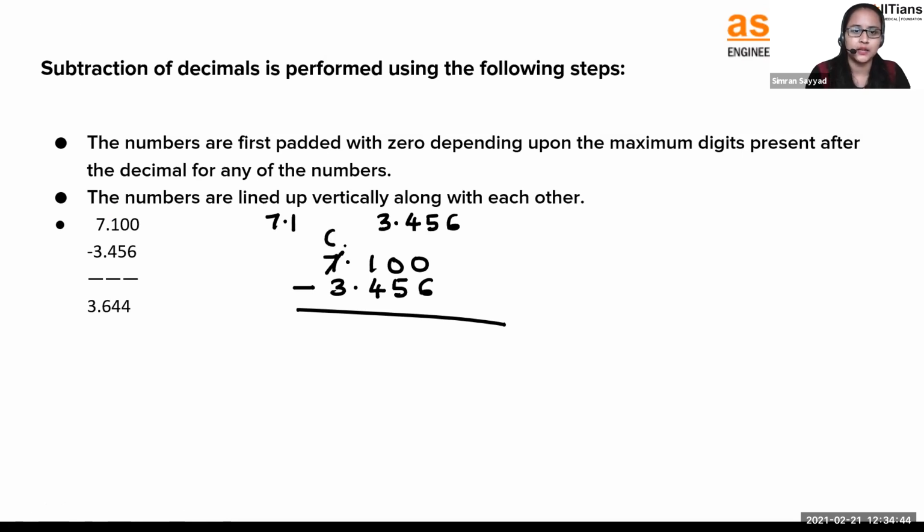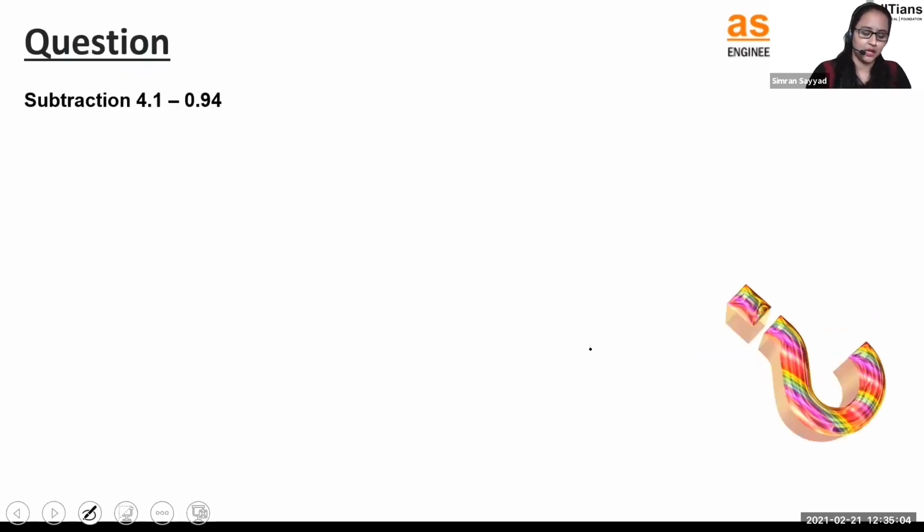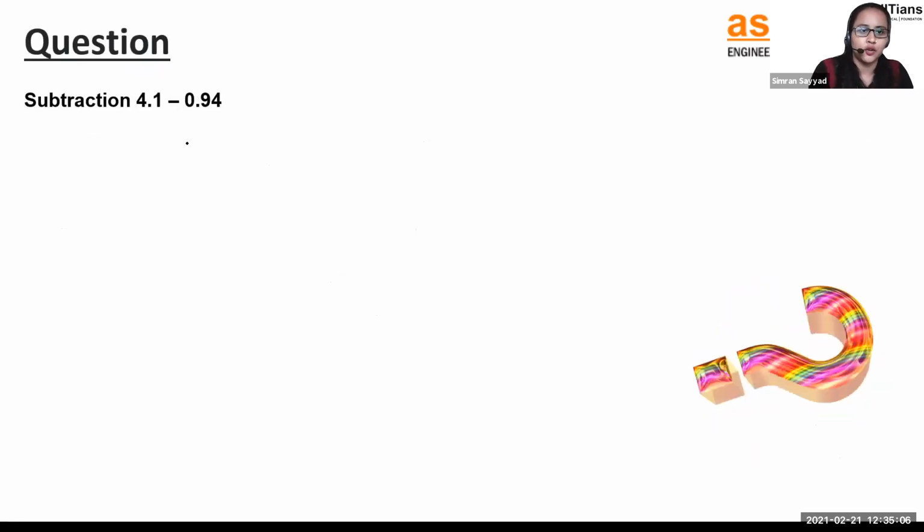Yes, this becomes 6. Borrow 1, this becomes 10. Borrow 1, this becomes 9. Borrow 1. 10 minus 6 is 4. 9 minus 5 is 4. 10 minus 4, 6. 6 minus 3, 3. So your answer is 3.644. Understood? Okay.